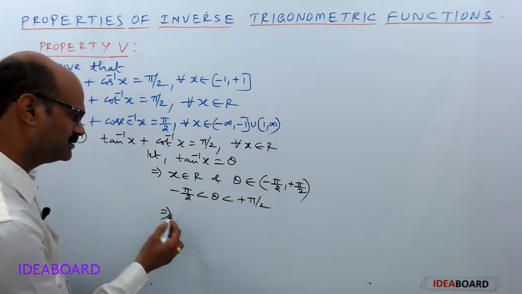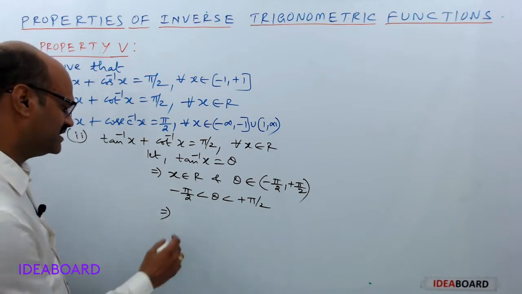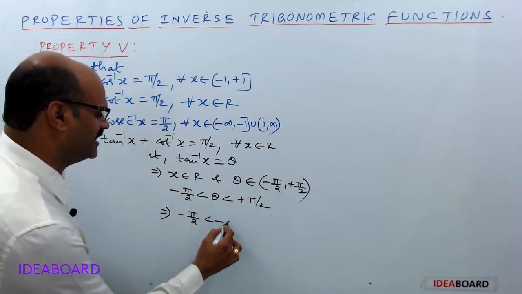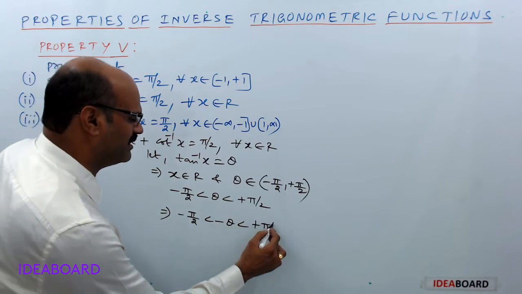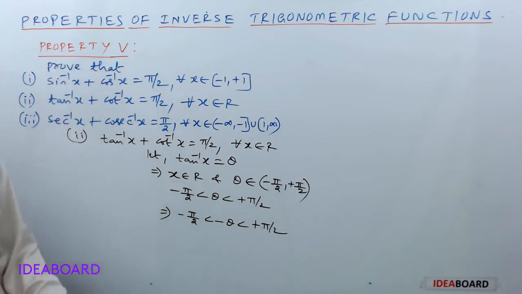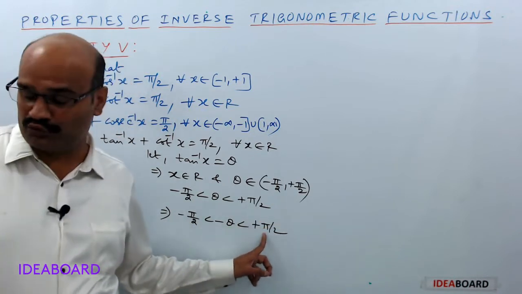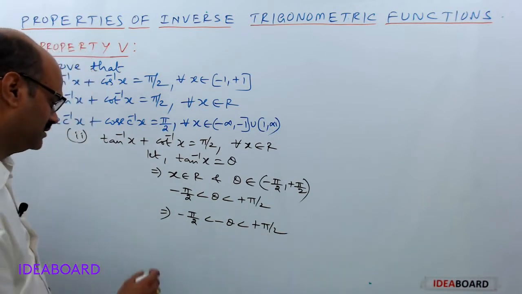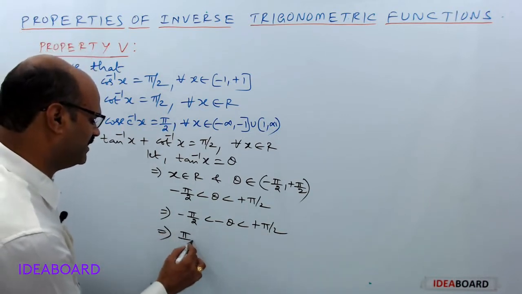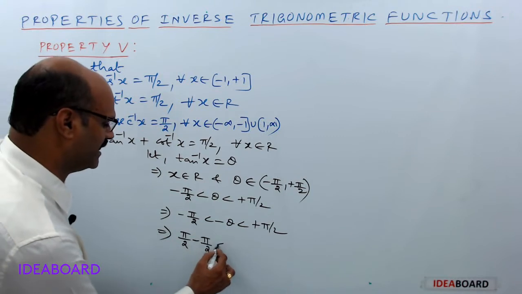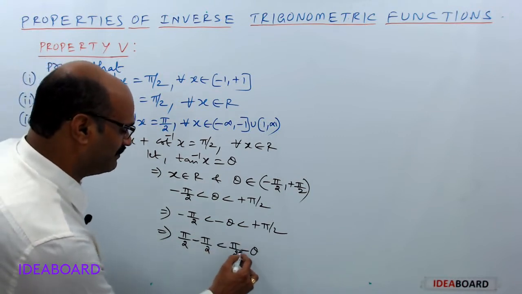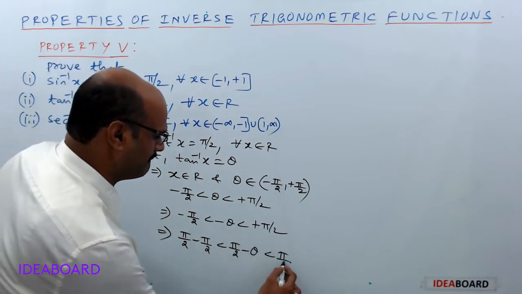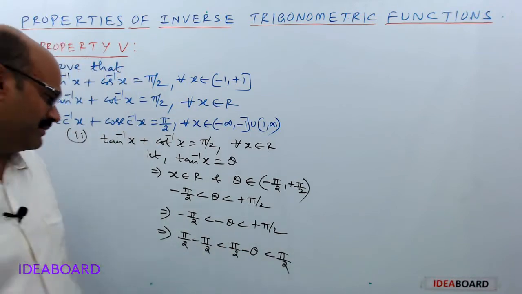Then it implies minus pi by 2 less than minus theta less than plus pi by 2. Add pi by 2 to the given inequality. It implies pi by 2 minus pi by 2 less than pi by 2 minus theta less than pi by 2 plus pi by 2.